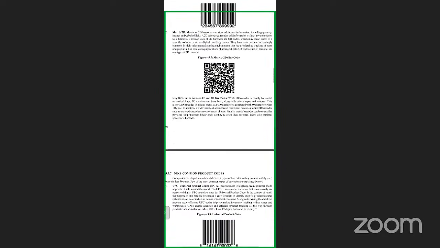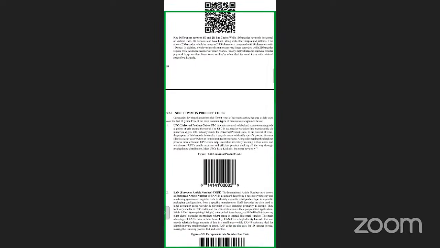In addition, a wide variety of scanners can read linear barcodes, while 2D barcodes require more advanced scanners or smartphones. Finally, matrix barcodes can have smaller physical footprints than linear ones, so they are often ideal for small items with minimum space for a barcode.